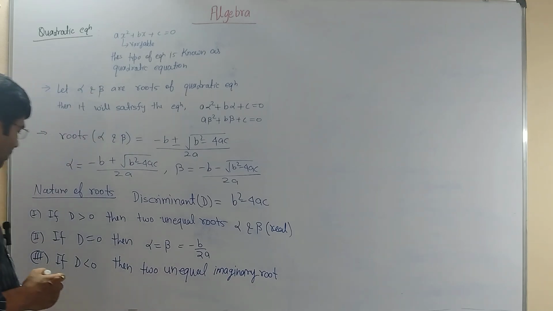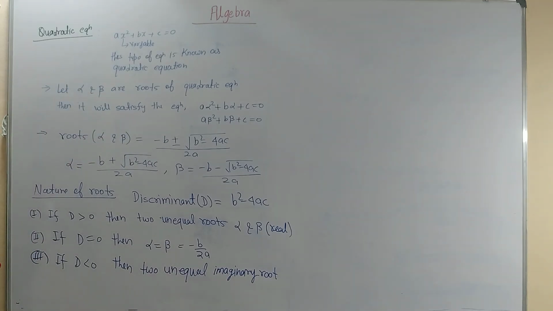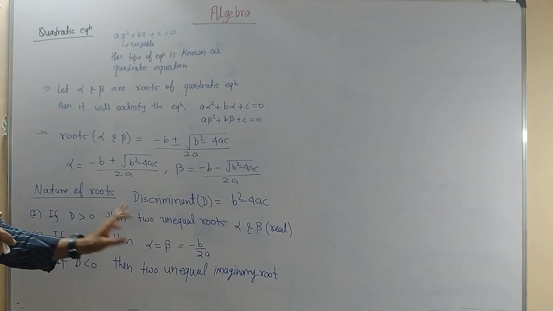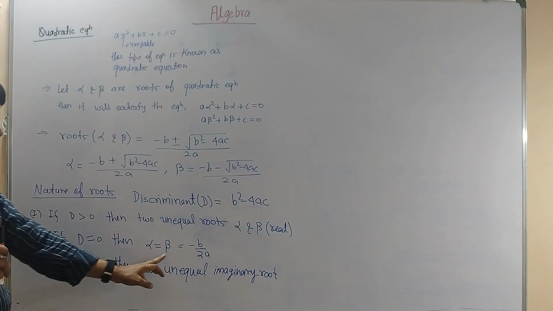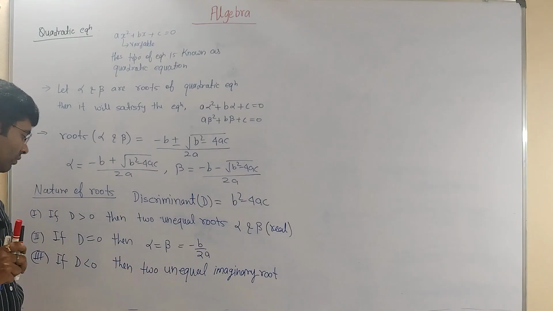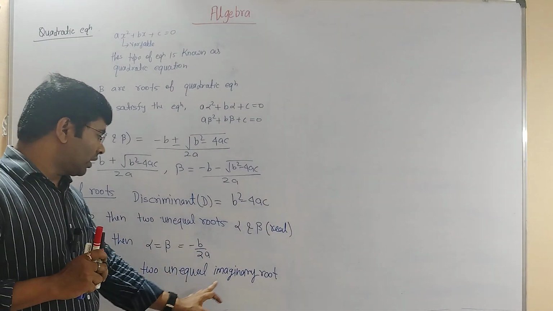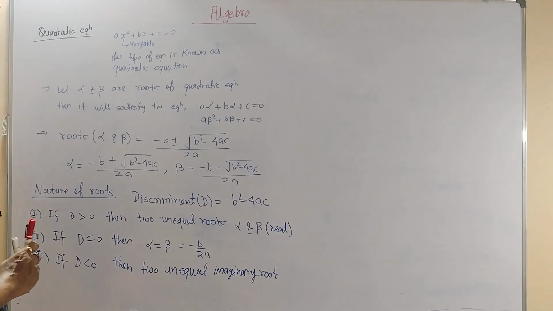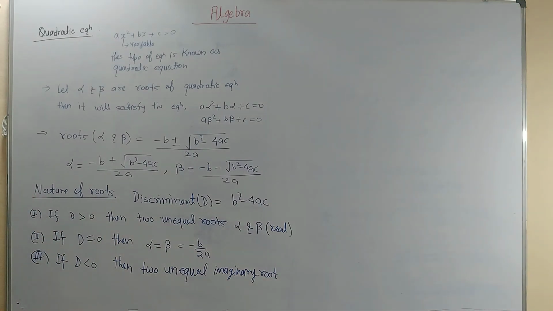So this is the nature of the roots of a quadratic equation. If D is positive, we get two unequal real roots. If D is 0, both roots are equal to minus b upon 2a. If D is less than 0, we get two unequal imaginary roots.